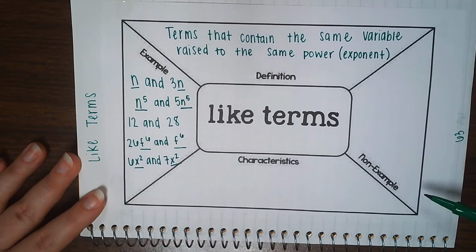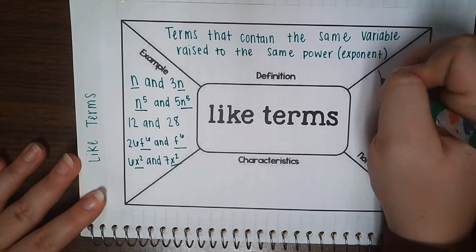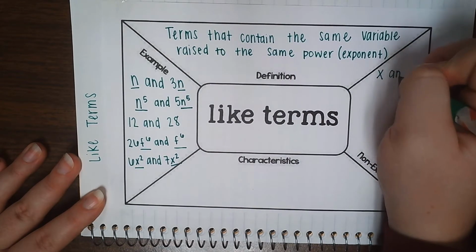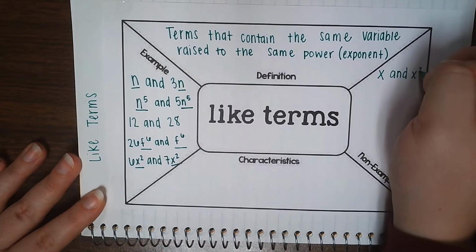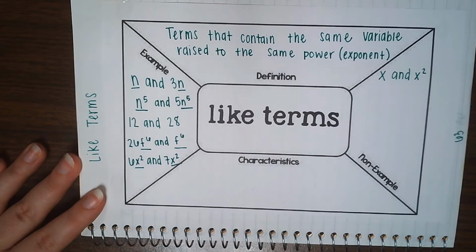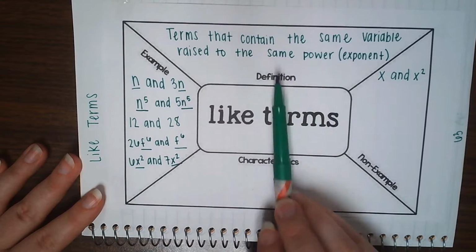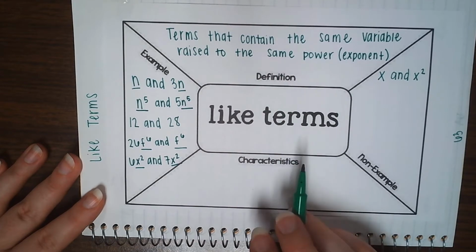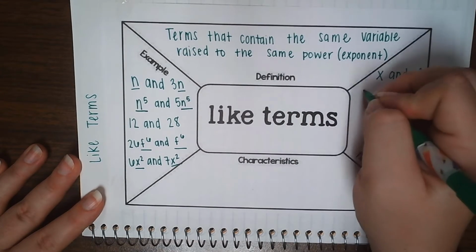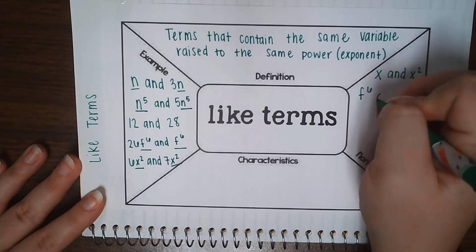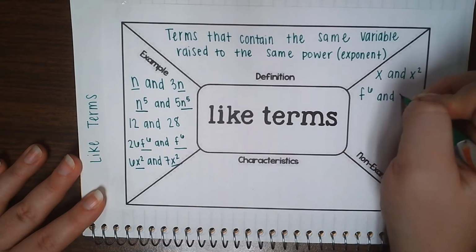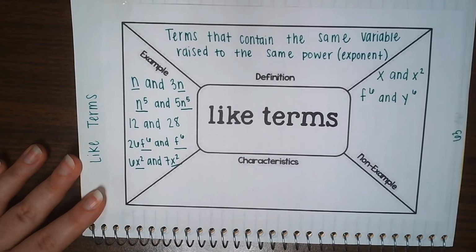So sometimes it helps us to see a non-example. Non-examples would be like x and x squared. Those are not like terms because they're not raised to the same power. You couldn't have f to the 6th power and y to the 6th power.